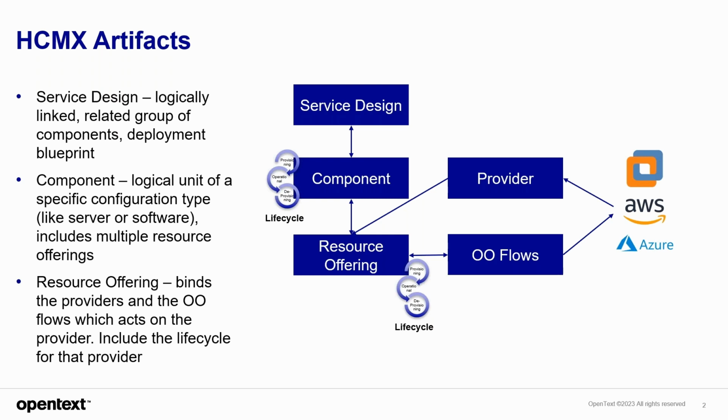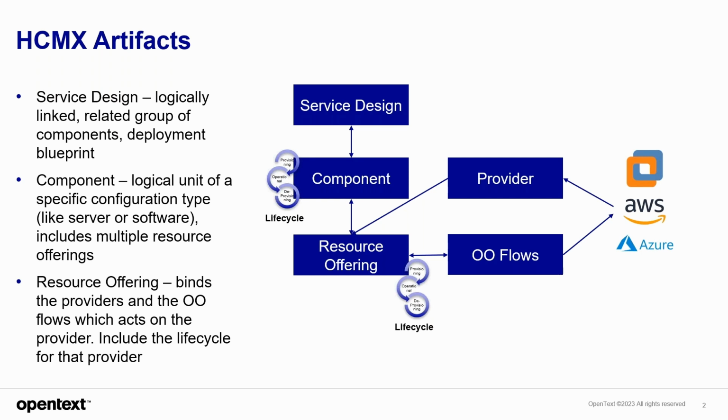And each of these resource offerings and the component both have something called lifecycle. The lifecycle is basically the different stages that the component goes through in the whole deployment model of your service design, right? The primary three life cycles are provisioning, operational, and deprovisioning.